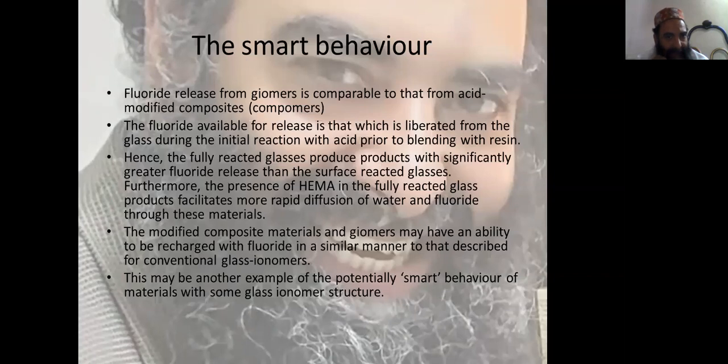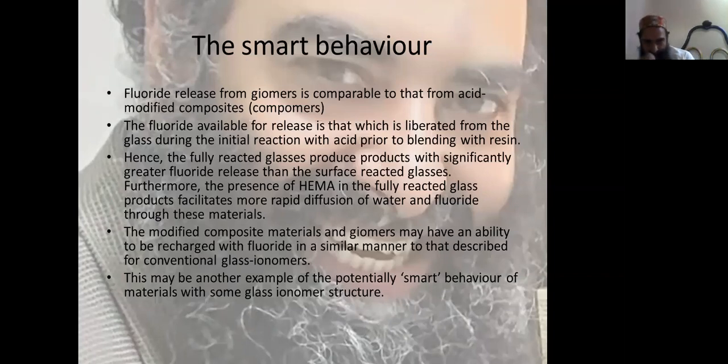Fluoride available for release is that which is liberated from the glass during the initial reaction with acid prior to blending with resin. Hence, the fully reacted glasses produce products with significantly greater fluoride release than the surface reacted glasses.